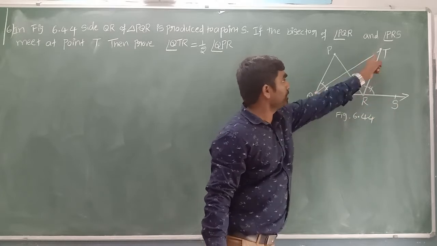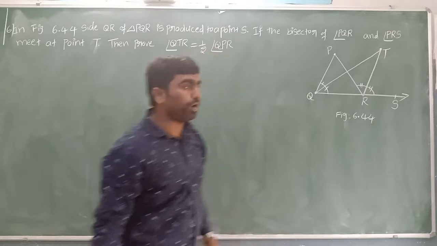These two bisectors, QT and RT, meet at point T.